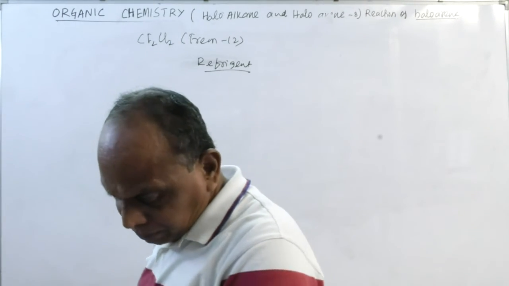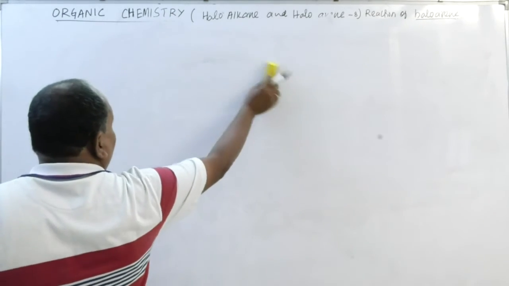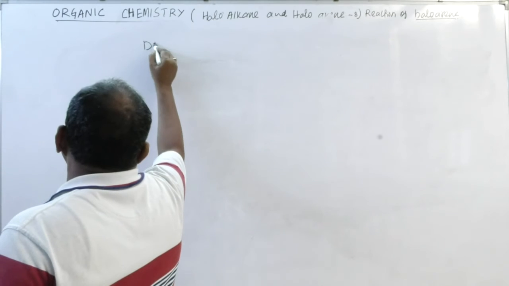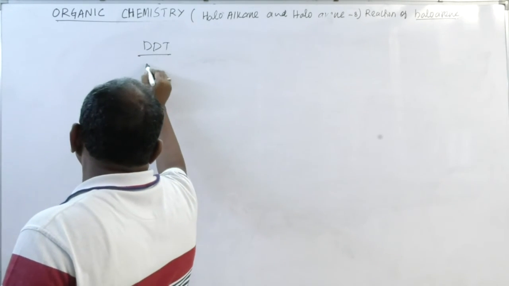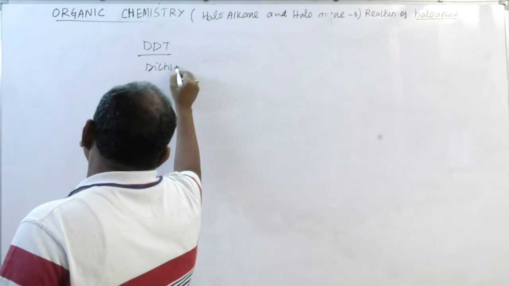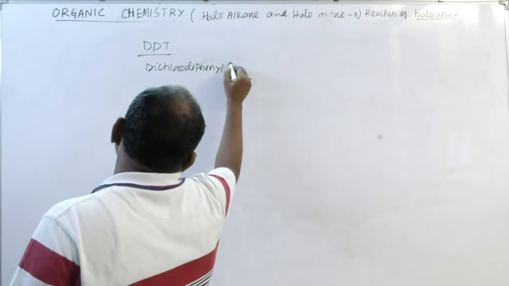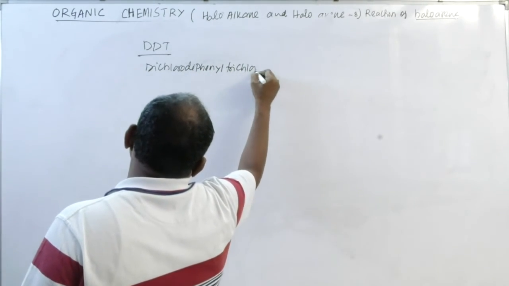Next, another polyhalogen compound is DDT. Do you know what DDT is? This is called dichlorodiphenyltrichloroethane.